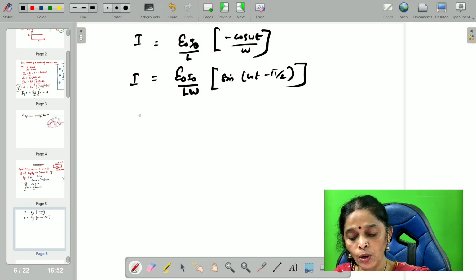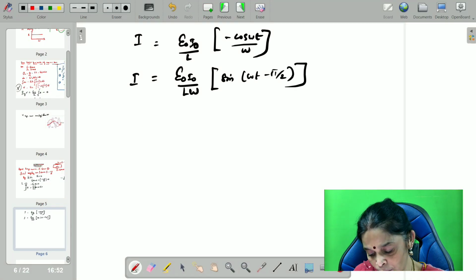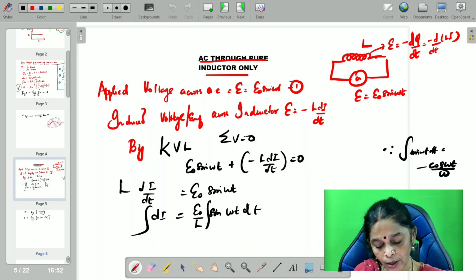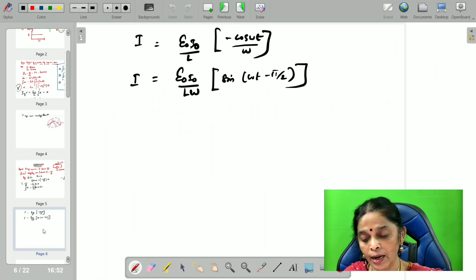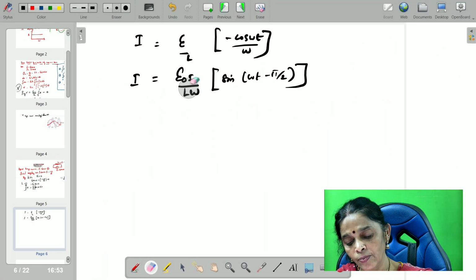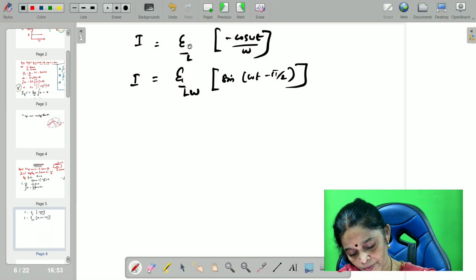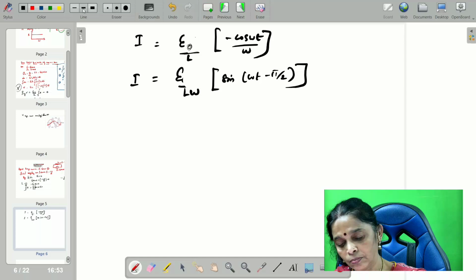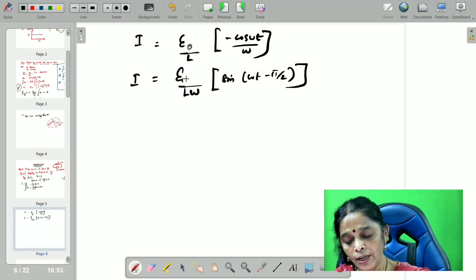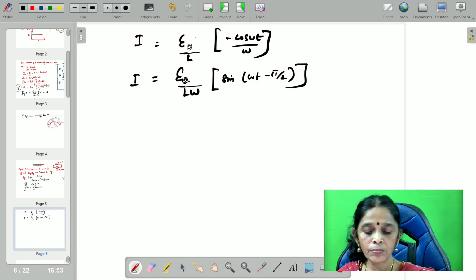So therefore I can write it as E naught, I think I have made some mistake. Can you check here? E naught by L only, not I naught. So this is E naught divided by L omega.